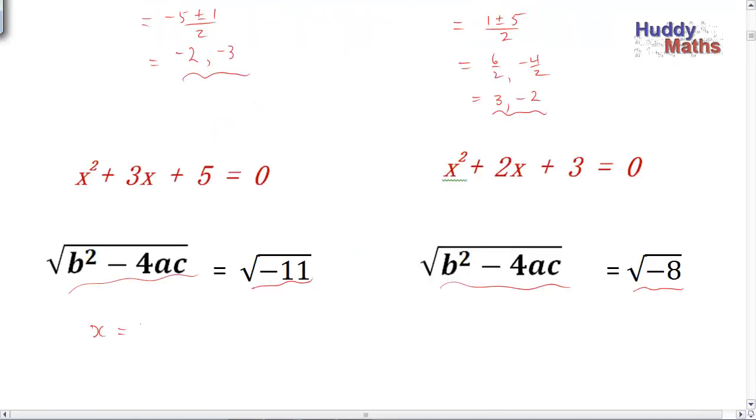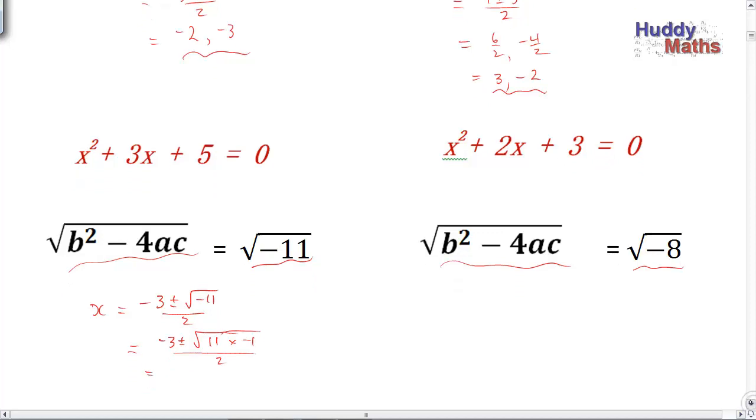x is -3 plus or minus the square root of -11, over 2, which is -3 plus or minus the square root of 11 times -1. Let's break it down. It's all under there.